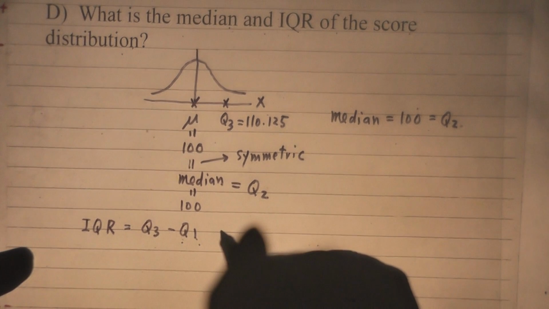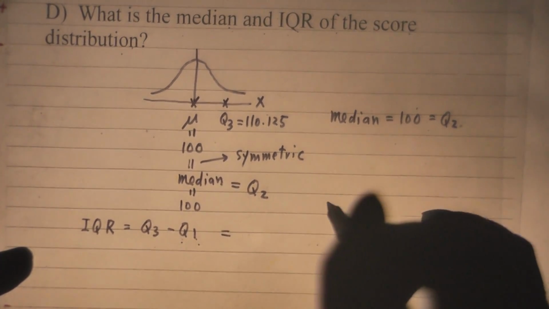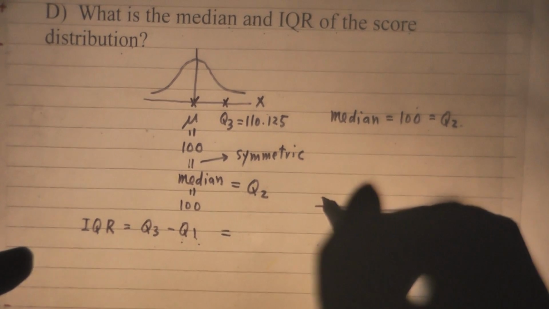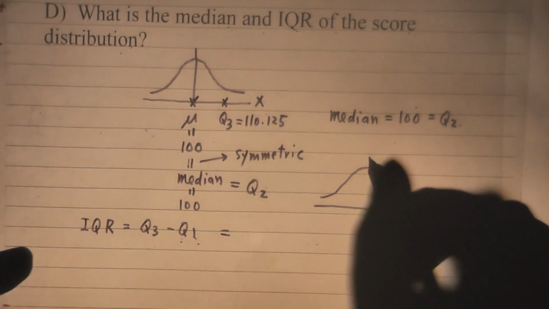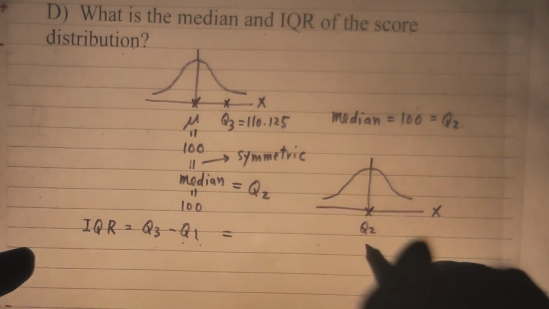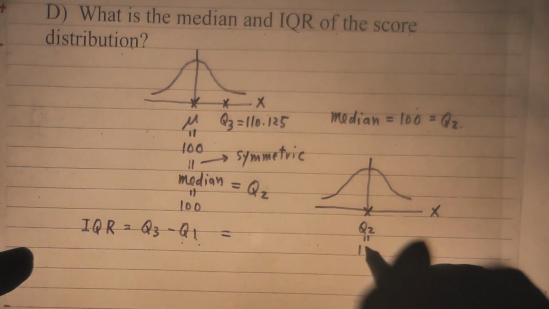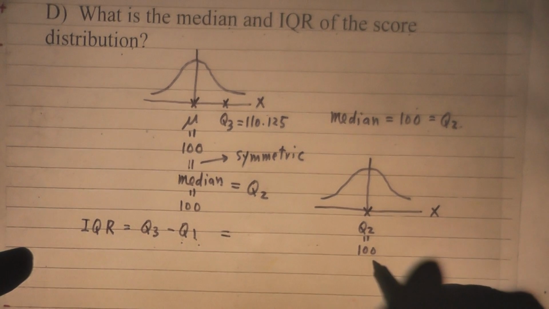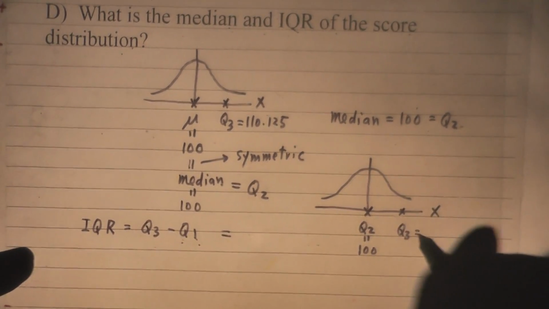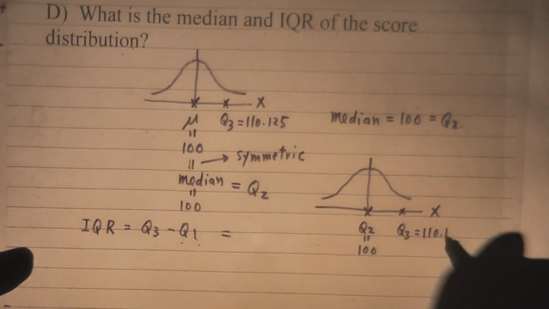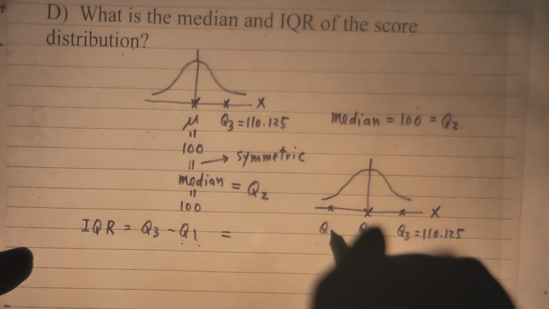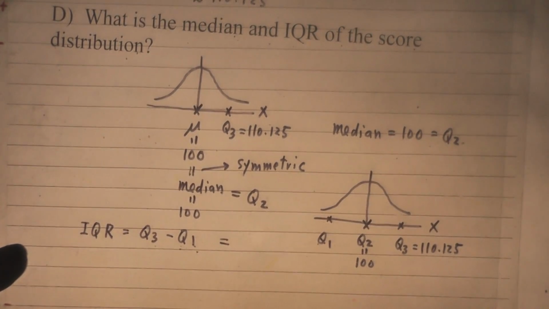And how can this be done? Let's look at the picture here. If this is X, and I know Q2 is the median, 100, equal to the mean, and I know Q3 is 110.125, and I want to figure out Q1, how can I do this?